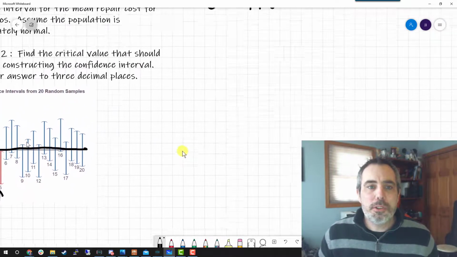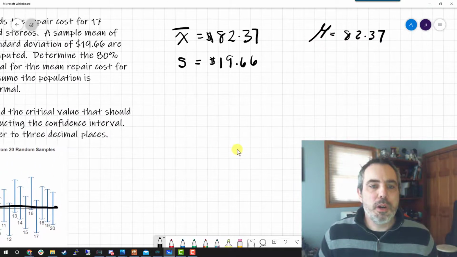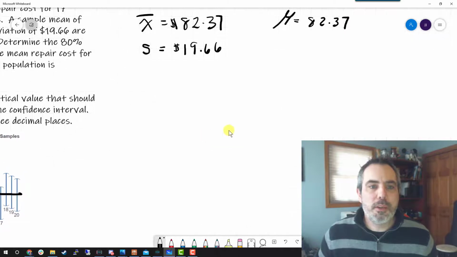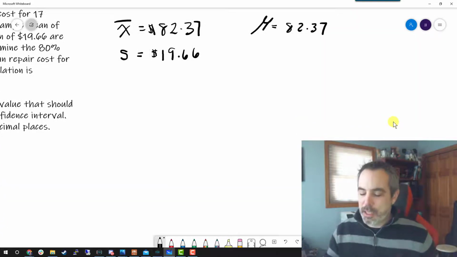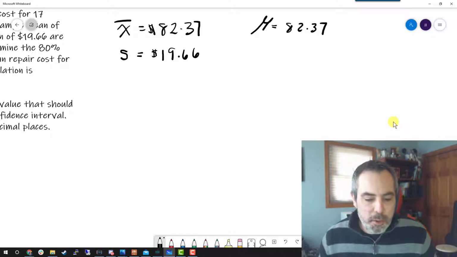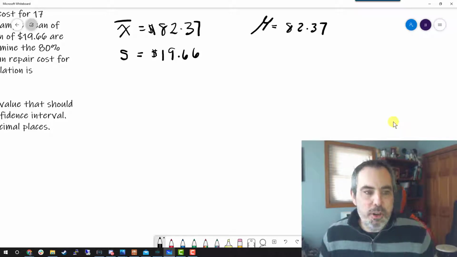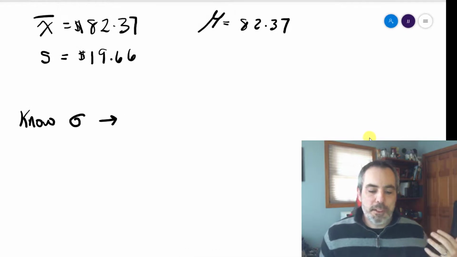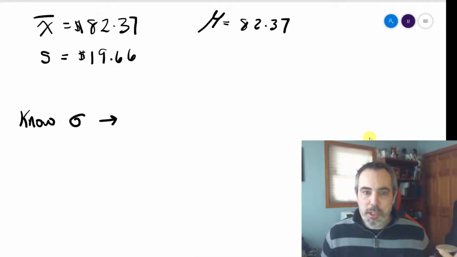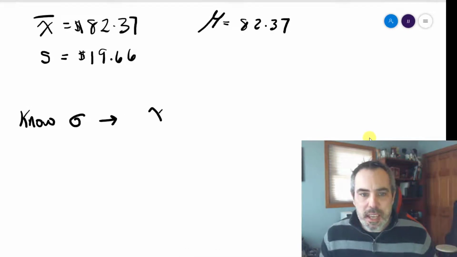And in order to do this, we have really two options, two formulas that are really pretty similar, and both of them use something called a critical value. One of the formulas is if you know the population standard deviation. If you know that, you are going to use a confidence interval and a critical value that takes the average plus or minus, right?